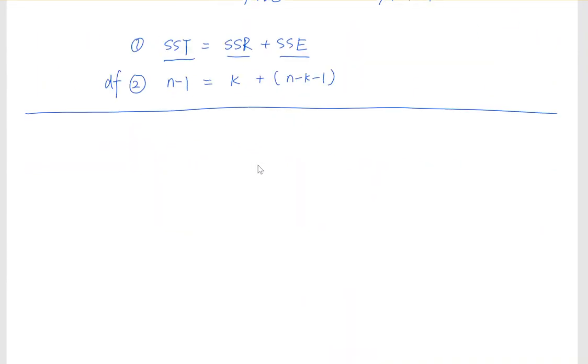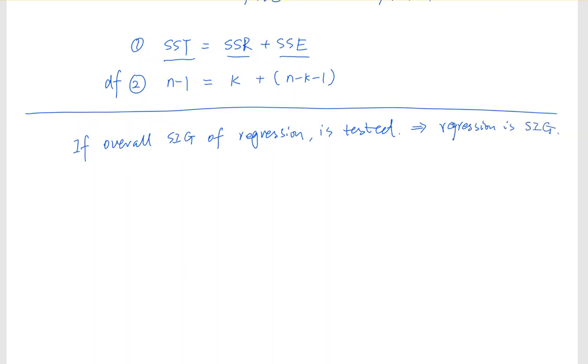So next, after we test the overall significance of the multiple regression, if the regression is tested and found significant, that means you rejected the null hypothesis. That means the regression is significant, right?